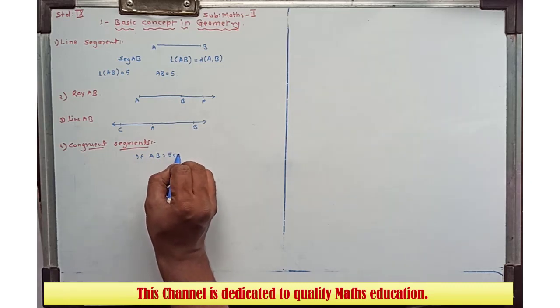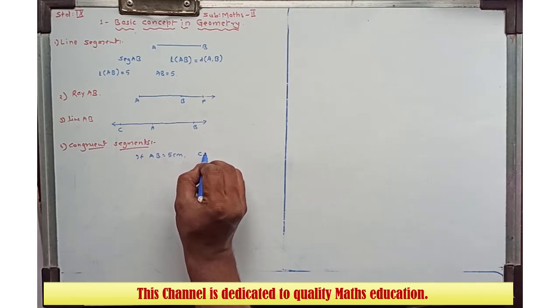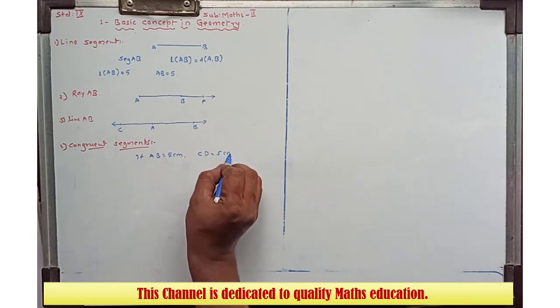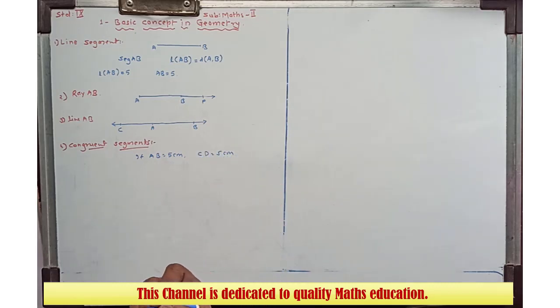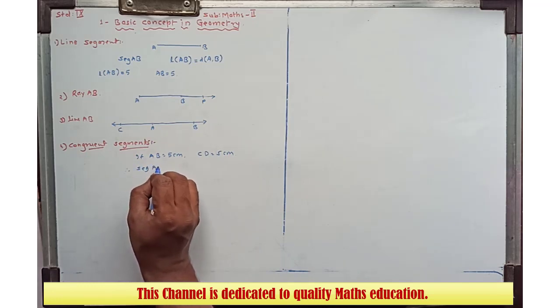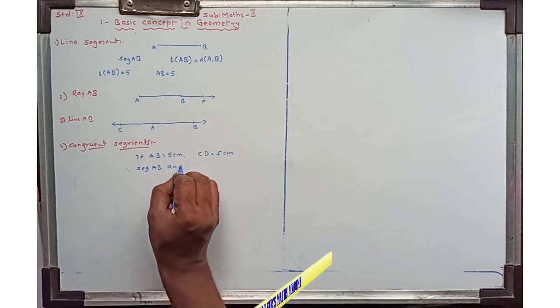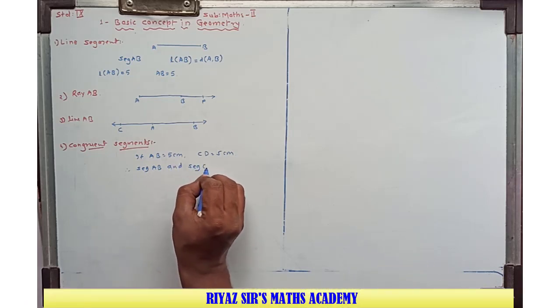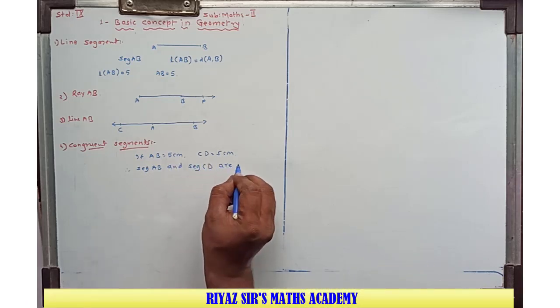For example, if AB is equal to 5 centimeter and CD is also 5 centimeter, they have equal length, right? And therefore we say that segment AB and segment CD are congruent.